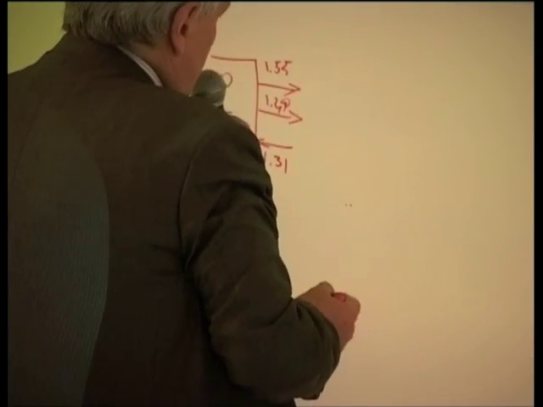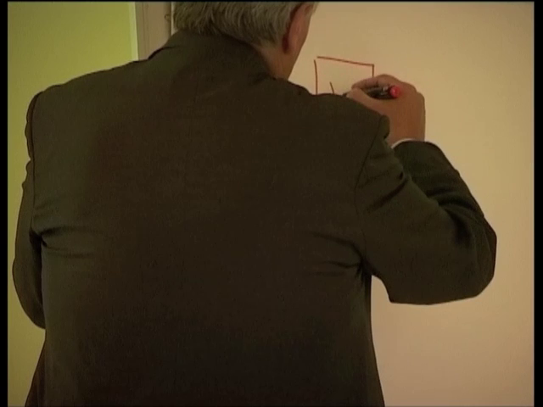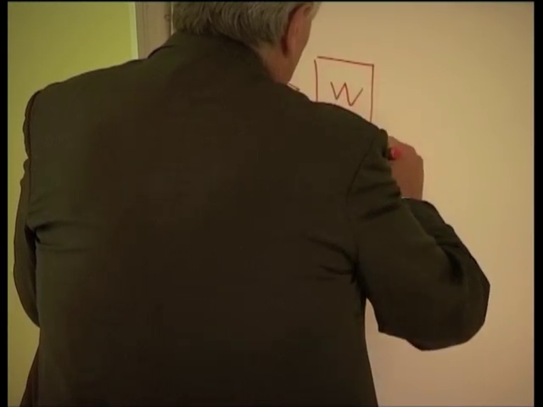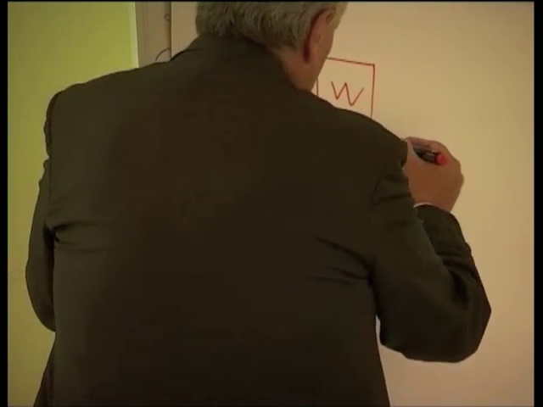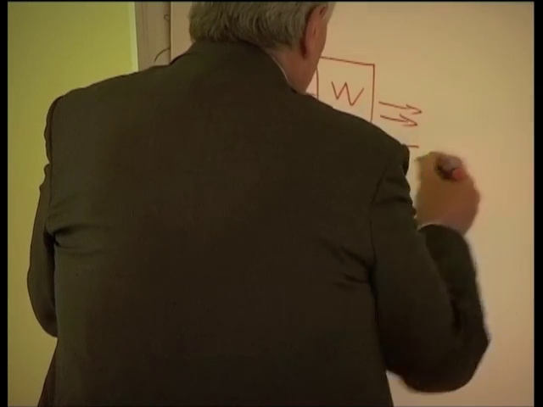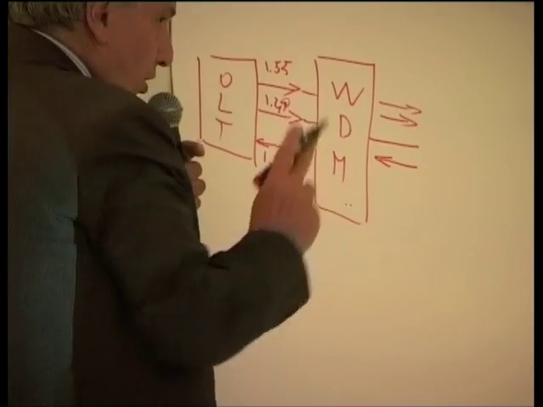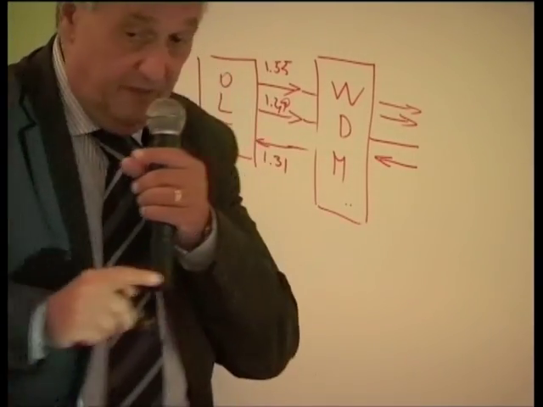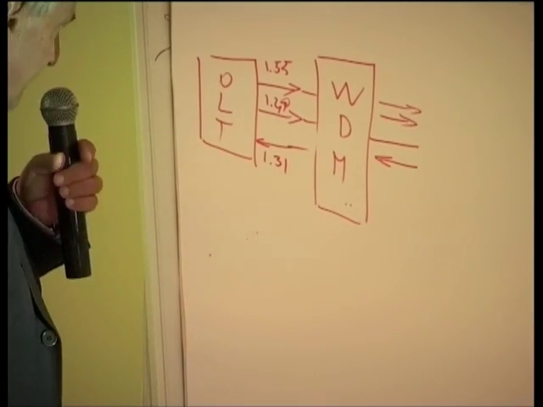If I like to avoid losses, I put here a WDM multiplexer, and I get here the two lambda which are going downstream, the one which is coming upstream with no losses. This is the meaning of WDM on top of the slide.